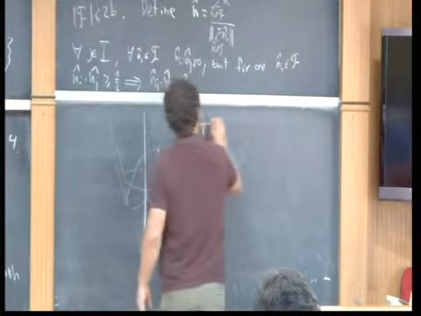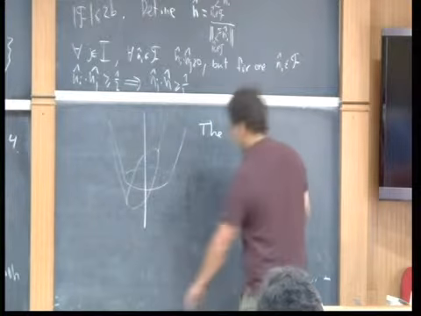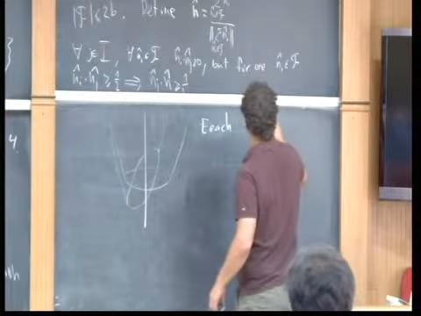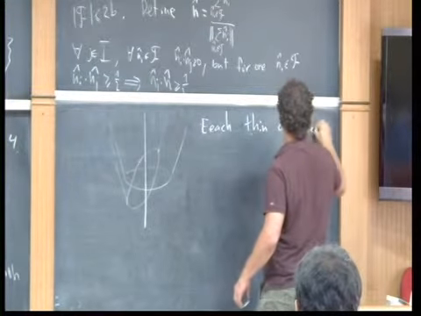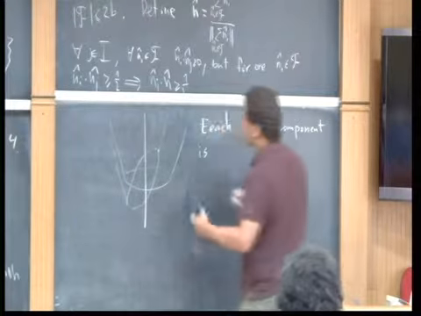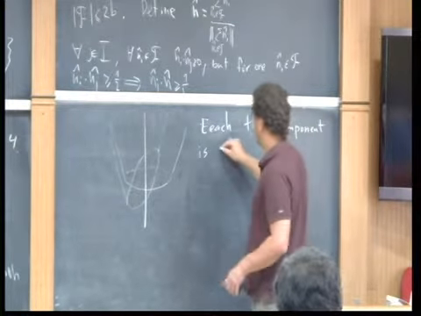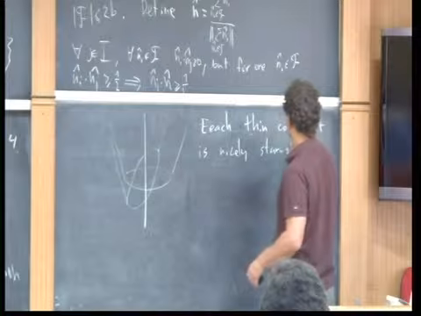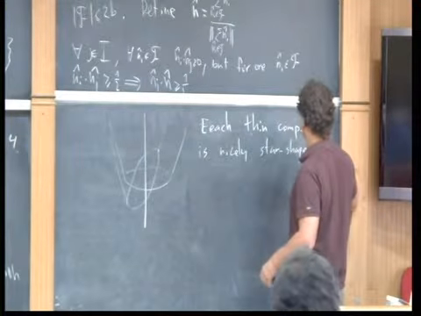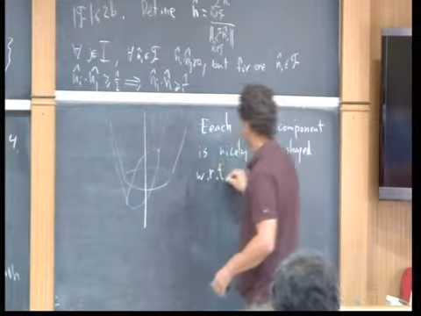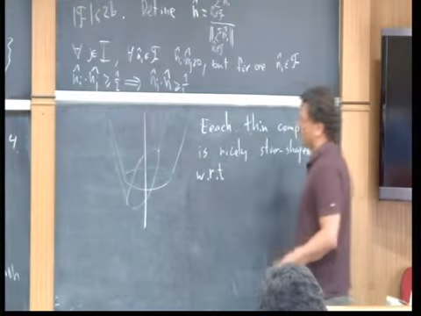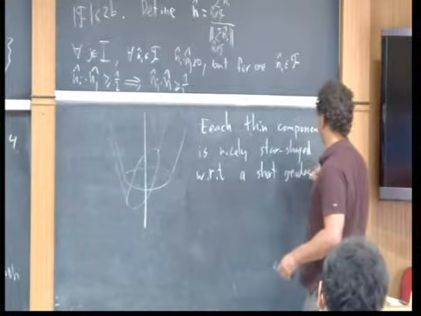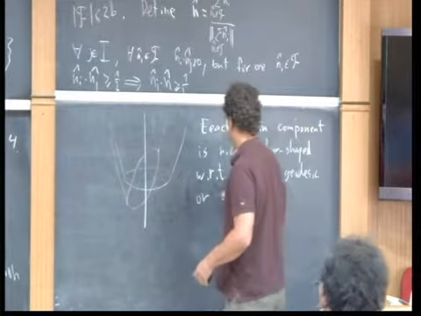The thin part, or each thin component, let's say, is nicely star-shaped with respect to a short geodesic or a point at infinity.